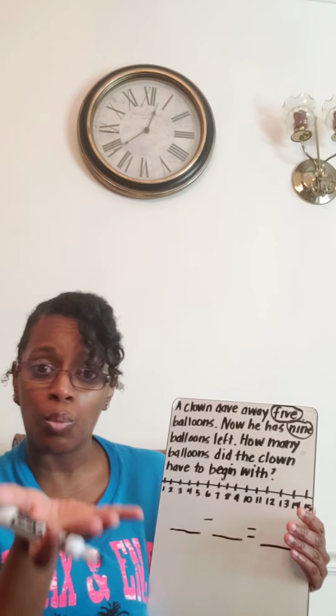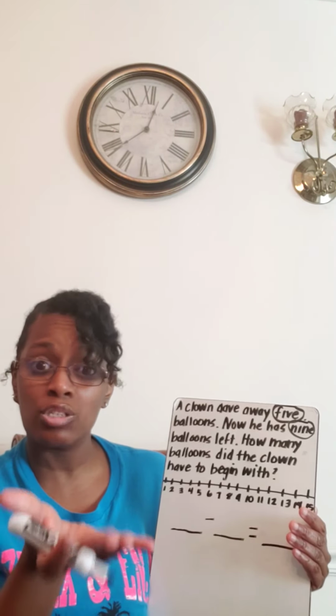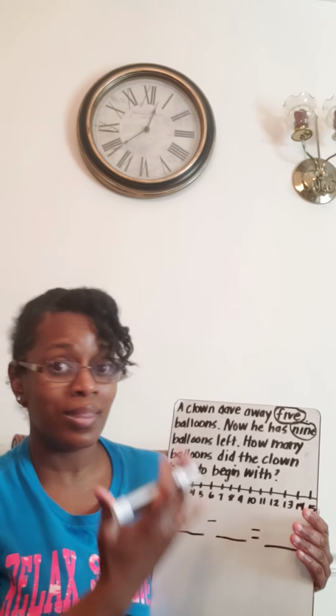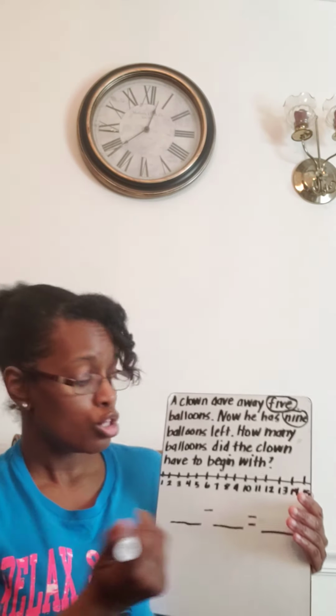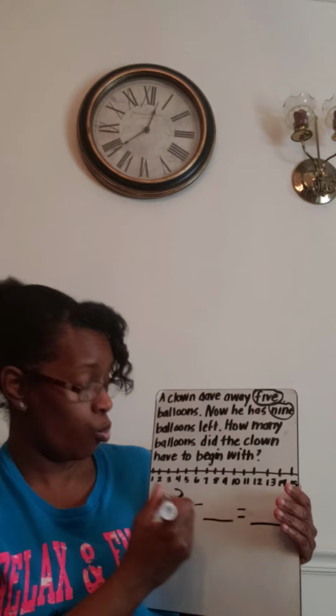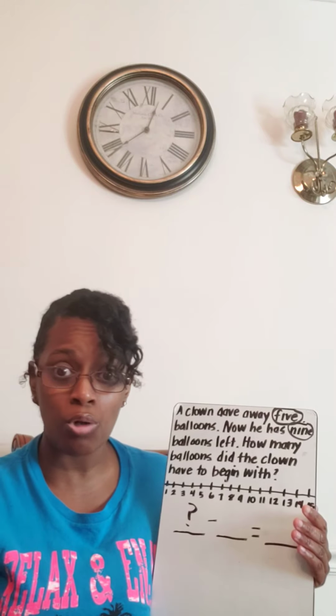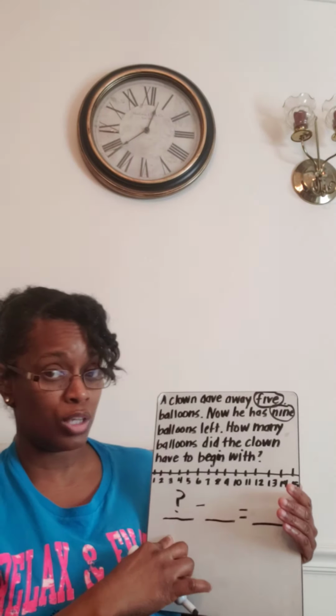When you're subtracting, whatever you start with, that's your biggest number, okay? But we don't know how many balloons the clown started with. So that is something that we don't know. I'm going to put a question mark there because we don't know how many balloons the clown started with.